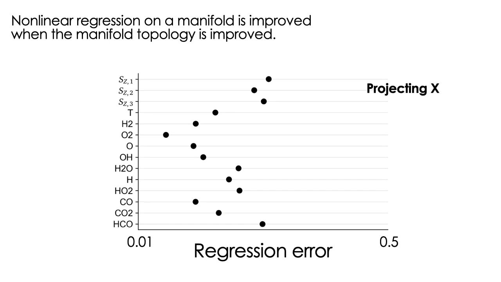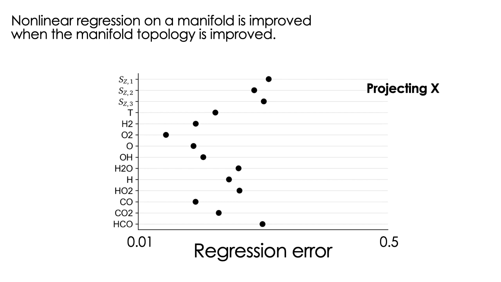So here I'm showing the errors from regression, from kernel regression of a couple of variables. So the first three variables, these SZ1, SZ2, SZ3, those are projected source terms. They are highly nonlinear functions of the state variables, and then I have the state variables, so temperature and species mass fractions.